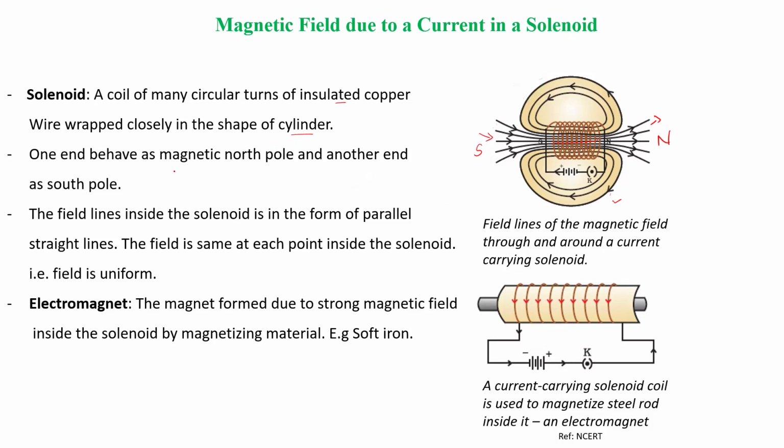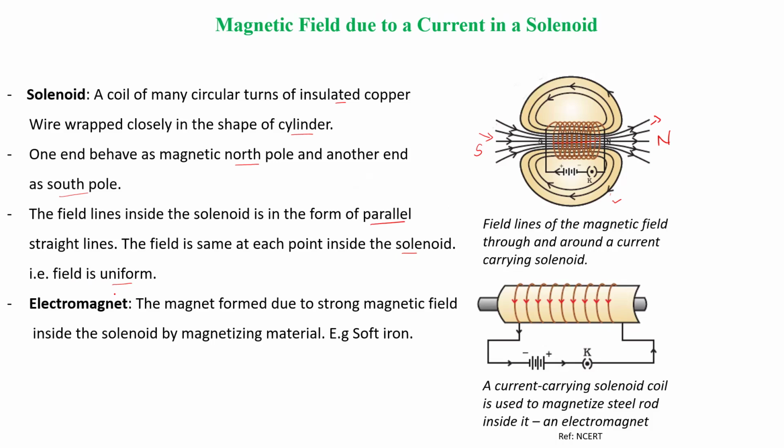One end of this solenoid behaves as the north pole, and the other end behaves as the south pole. The field lines inside that solenoid are parallel. Due to this, the field is the same at each point inside the solenoid. It shows that the field is uniform.